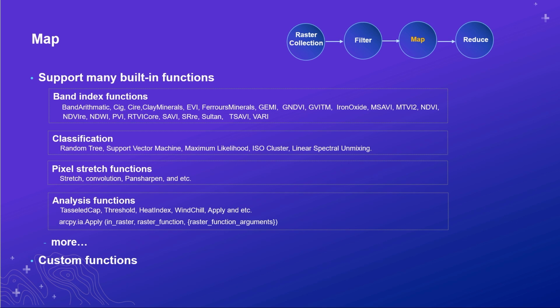And this apply function is a generic function which allows you to use, for example, in ArcGIS Pro, a function template you create by chaining many raster functions, or a custom Python raster function you have written.